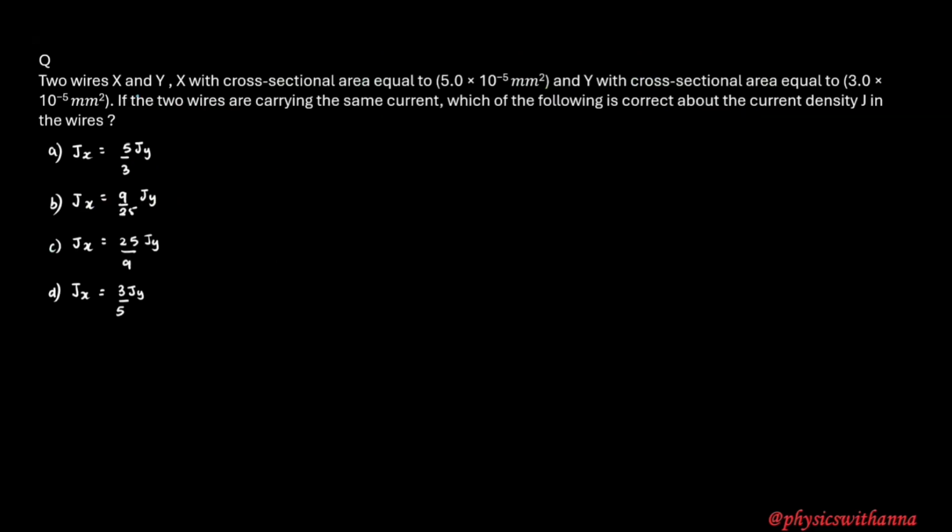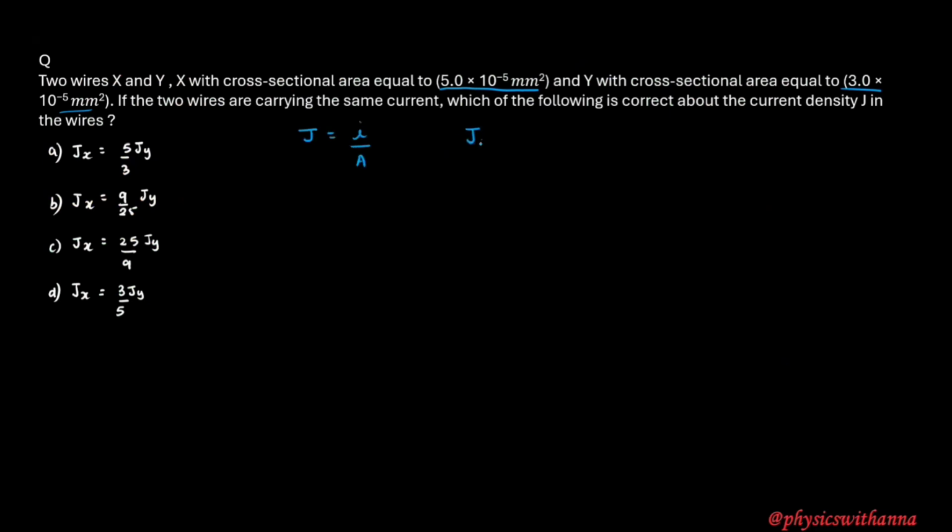Next question. Two wires X and Y. X with cross-sectional area equal to 5 times 10 to the power negative 5 millimeter squared and Y with cross-sectional area equal to 3 times 10 to the power negative 5 millimeter squared. If the two wires are carrying the same current, which of the following is correct about their current density J? Again, we need to find the ratio of their current density to find the correct relationship. We know that current density J is I over area.